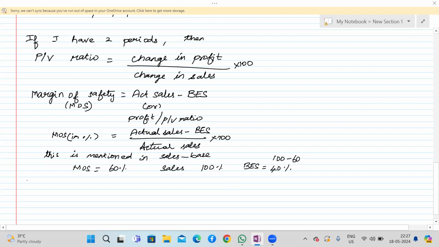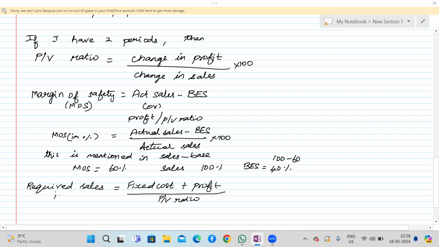Then again I have another formula here, required sales. How do I calculate how much sales I require to obtain a target profit? Required sales is equal to fixed cost plus profit divided by PV ratio. This will result in rupees.